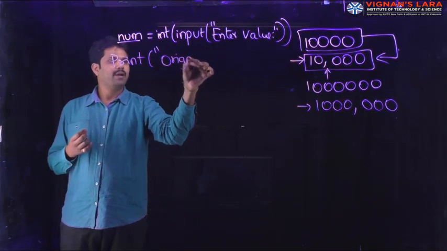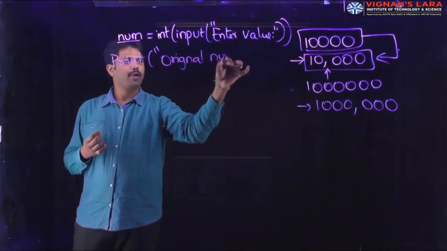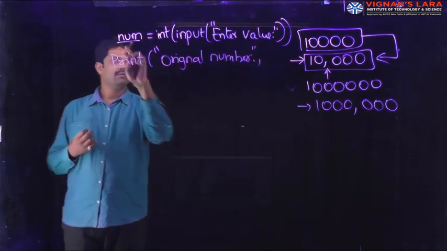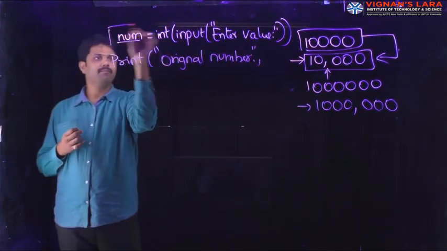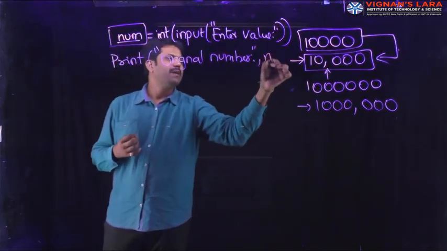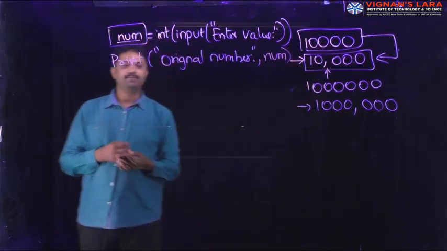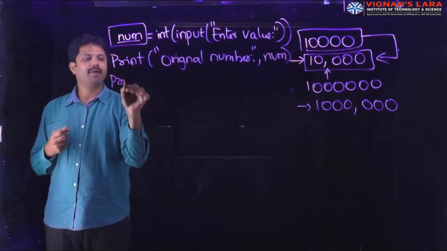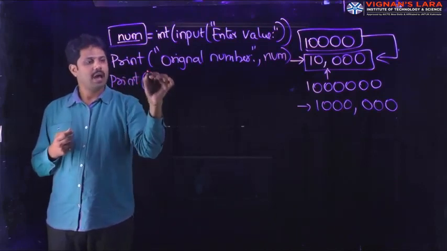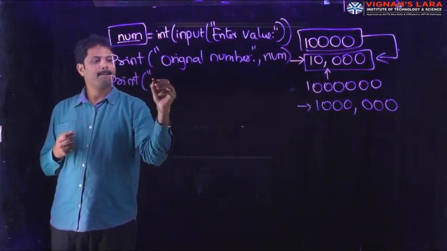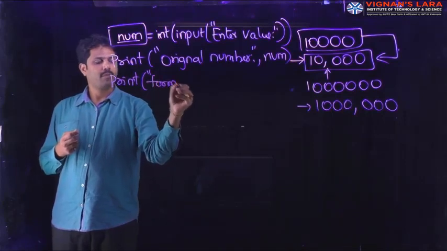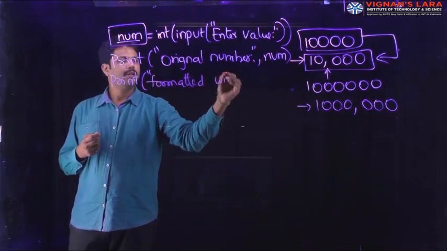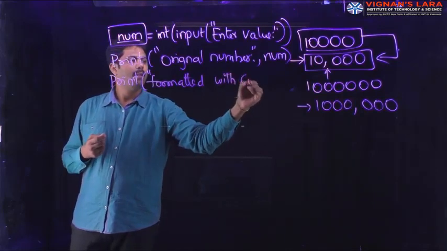I'm just using a print statement. Original number you are given. My original number is simply stored in num. We all know that. That means I simply print num here. After that, I print the formatted number with commas.